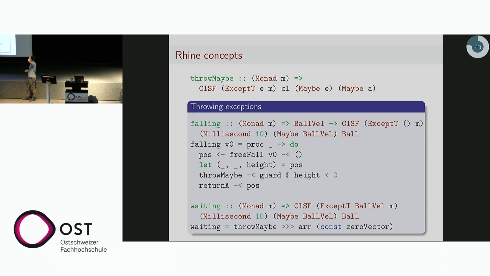Okay, and there's one more concept that I want to briefly talk about. So when you have this ball, you throw a ball, it flies, and it lands. Once it lands, its behavior is completely different. It's just on the floor. It doesn't do anything. It's constantly at the same position. So the behavior changes, and I really mean it in both senses, also in the sense of behavior and the sense of FRP.